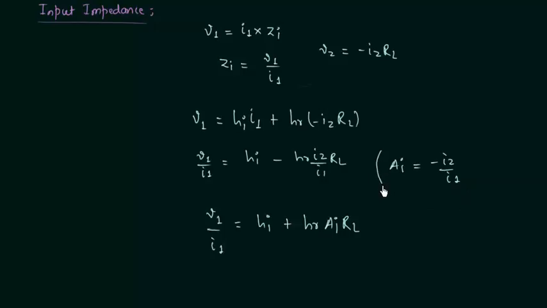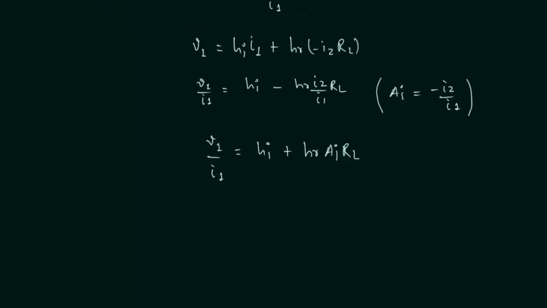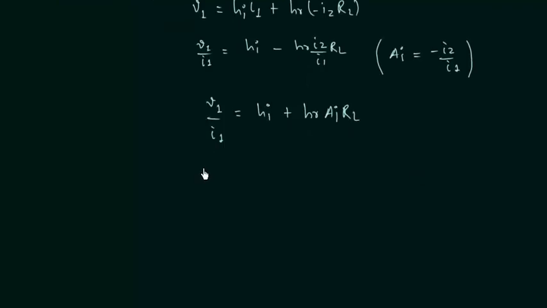We have already derived the expression of current gain AI, and I will put the expression of AI in this equation. V1 by I1 is equal to Zi, the input impedance. Then we have Hi plus HR inside the bracket minus HF divided by 1 plus HO RL. This is the expression of current gain.